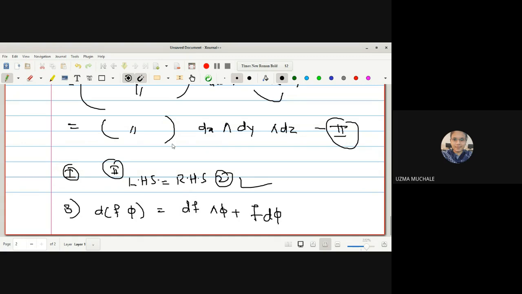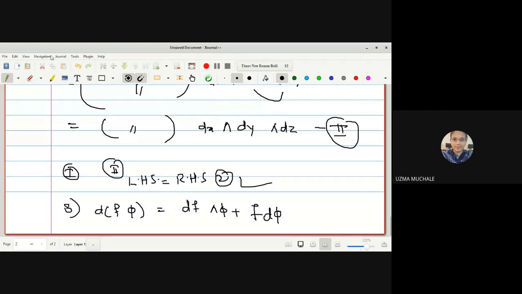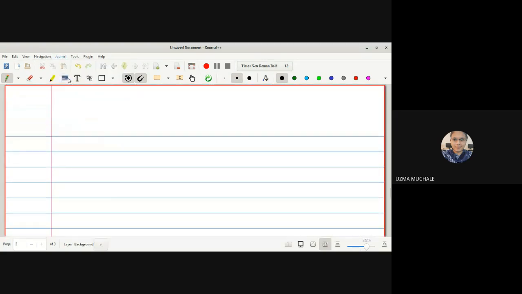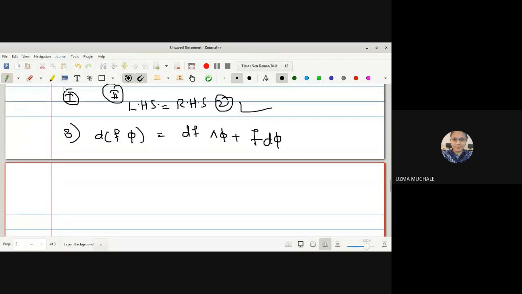Okay, let me write down the second property also, so that you can see the similarity. And we can prove the result here only. So what is our second property? d of phi wedge psi. यहाँ पे हमने दो वन फॉर्म लिया है, यहाँ पे सिर्फ वन फॉर्म और एक रियल वैल्यूड फंक्शन है, right? So here we have d phi.